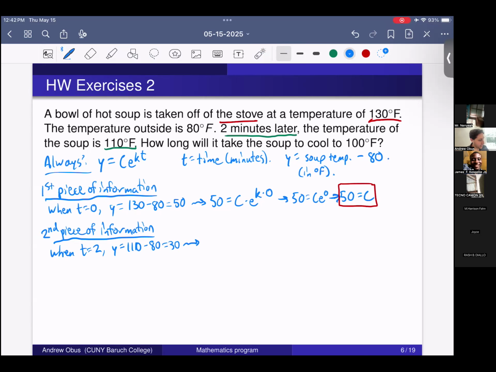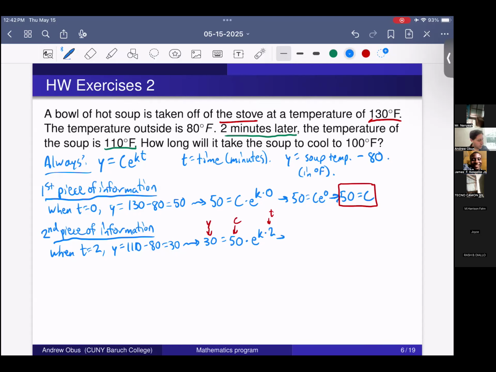So that tells us that 30 is equal to 50 times e to the k2. This is our y, this is our t, and this is our c. We already solved for c.